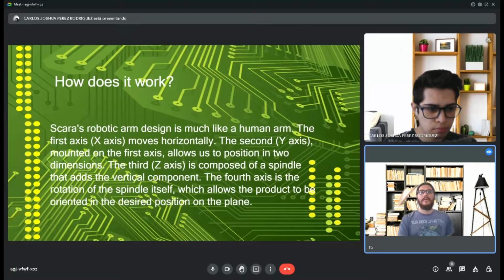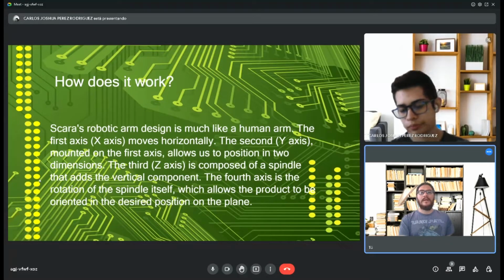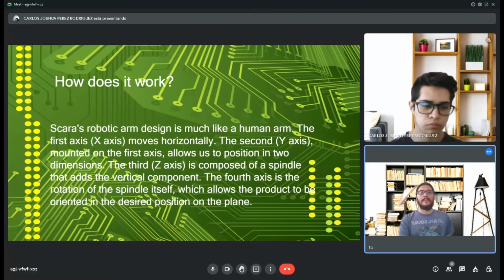How does the SCARA robot arm work? The design is much like a human arm. The first axis moves horizontally. The second axis is attached to the first axis to position in 2 dimensions.